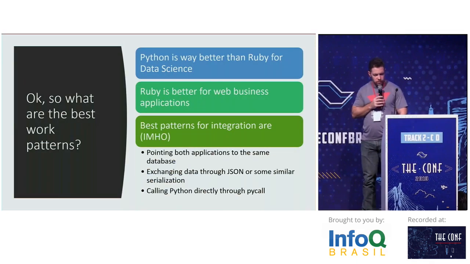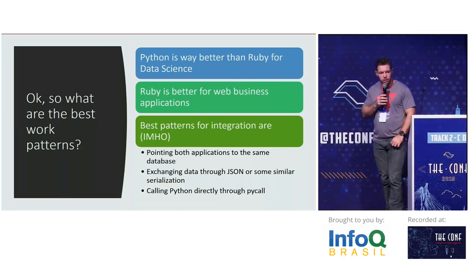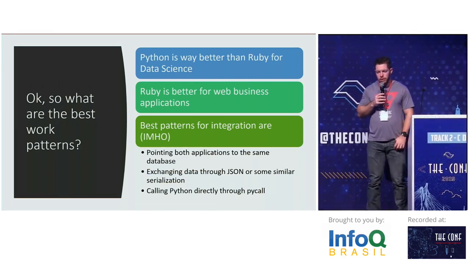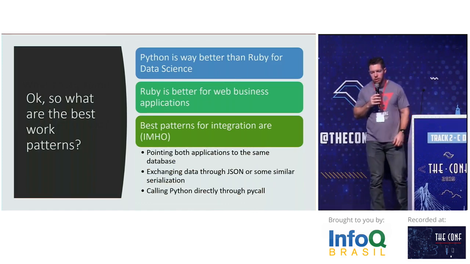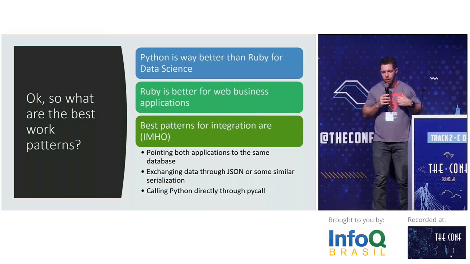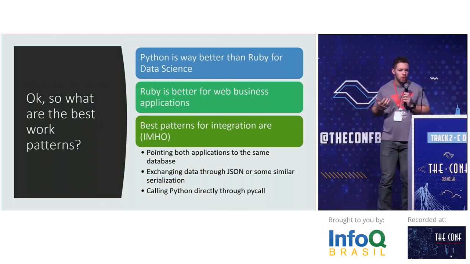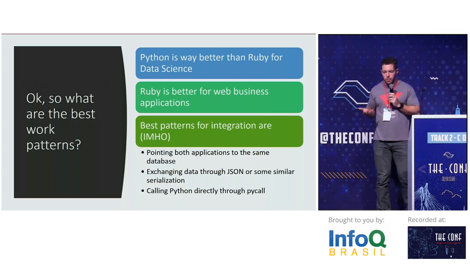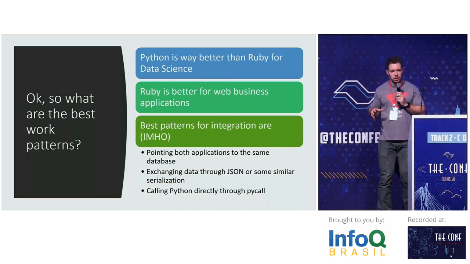So what's the best work pattern for data science in Ruby today? Python today is way better than Ruby for data science, but Ruby is way better for web applications, and the best pattern for integration, that's what I'm using today, is I have the same database for both my web application, my business application, and the data science application.